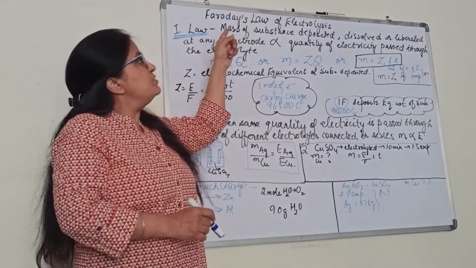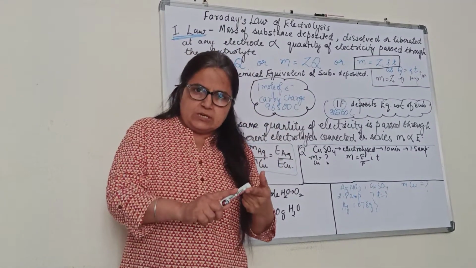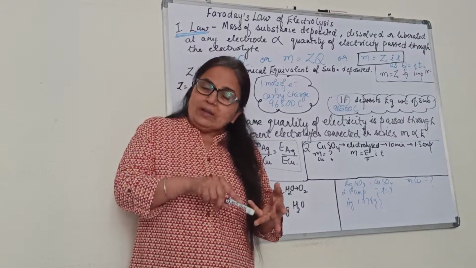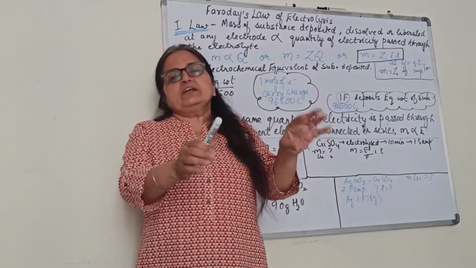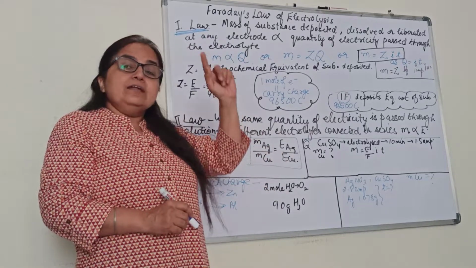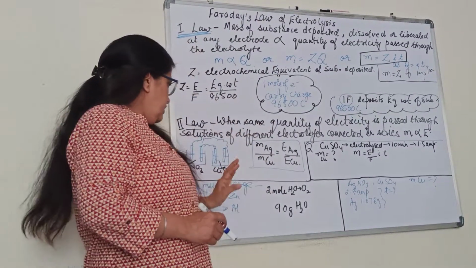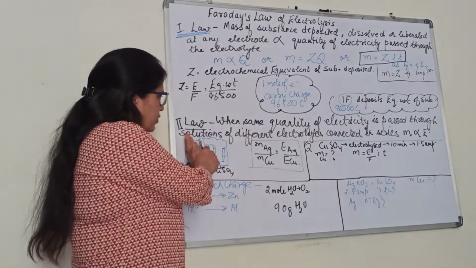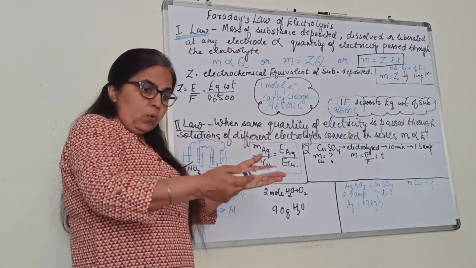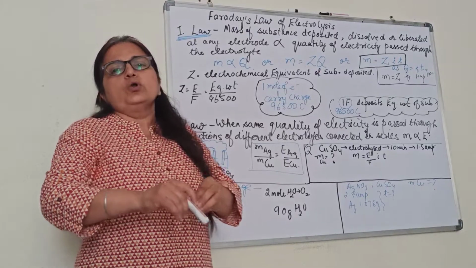So the amount of the substance deposited, dissolved or liberated at the respective electrode is directly proportional to how much current we are passing. If more current is passed, more amount will be deposited, dissolved or liberated.